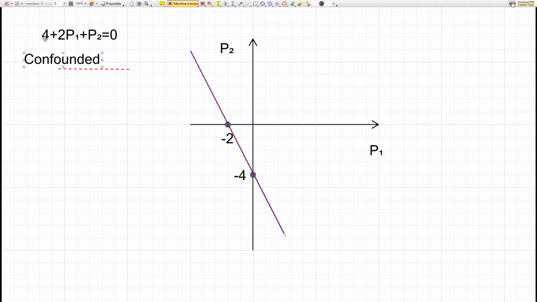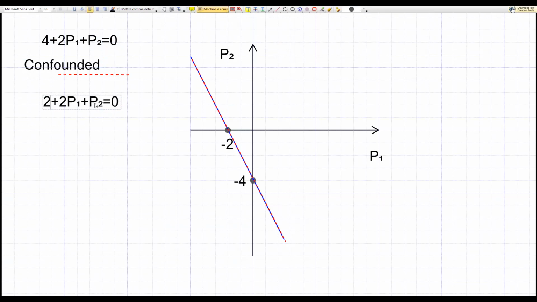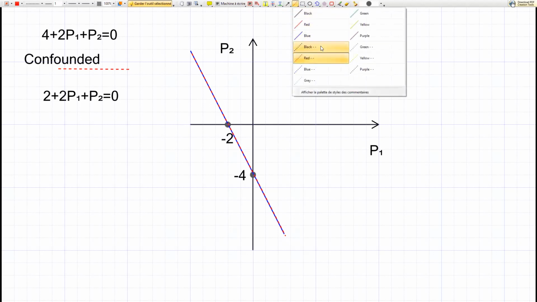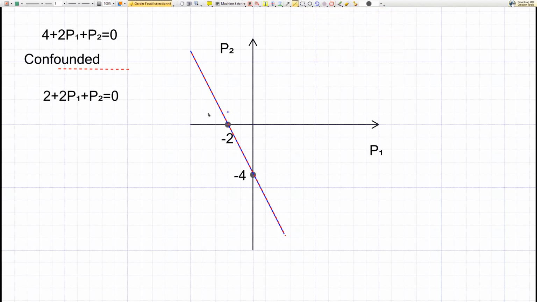And the other one was, it was 2, right? So the other one was 2 plus 2p1 plus p2, if I remember correctly. Yeah, 2 plus 2p1 plus p2. So it means that p2 is -2 rather than -4. So let's take another color, green, for instance. I think it should be that way. So let's have something that's parallel.